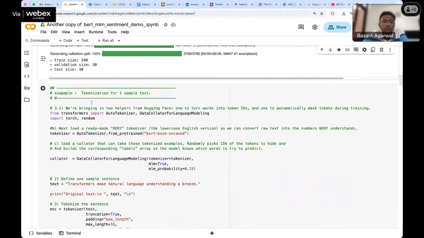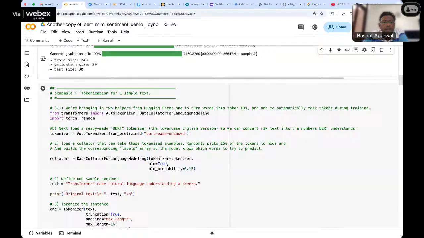Now I want to show you that given the sentences or the documents to the auto tokenizer for tokenizing, and then we'll see another method, which is data collator for language modeling. These two methods are very important for the pre-processing of the data.